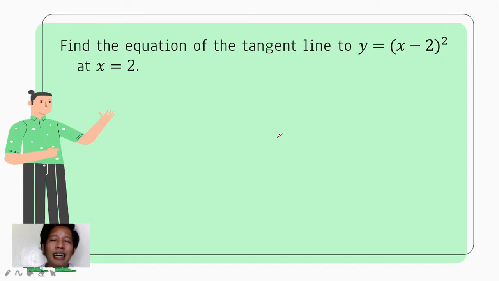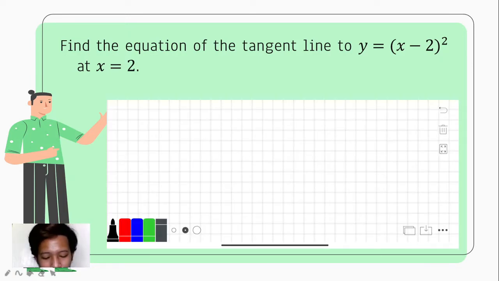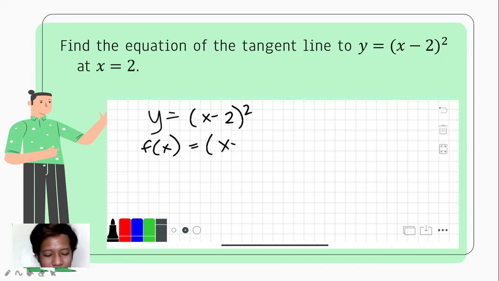Here, we are given the function, y equals x minus 2 squared, or we can rewrite this as f of x, since this is a function: f of x equals x minus 2 squared. What we are going to do is find the slope given our formula of the limiting function, which is derived from the formula of the slope of a line.